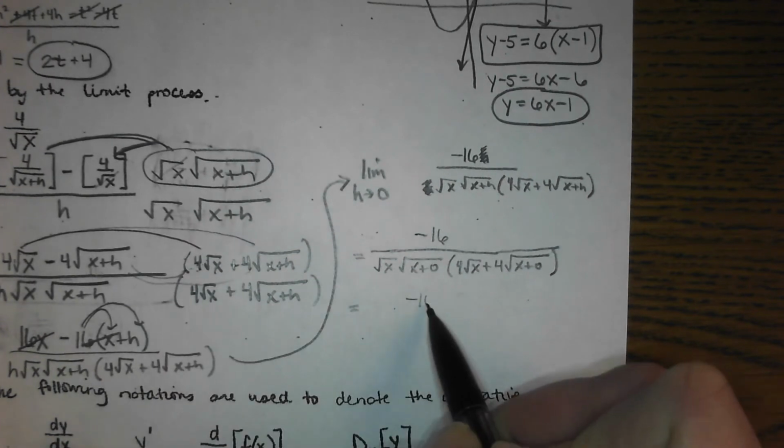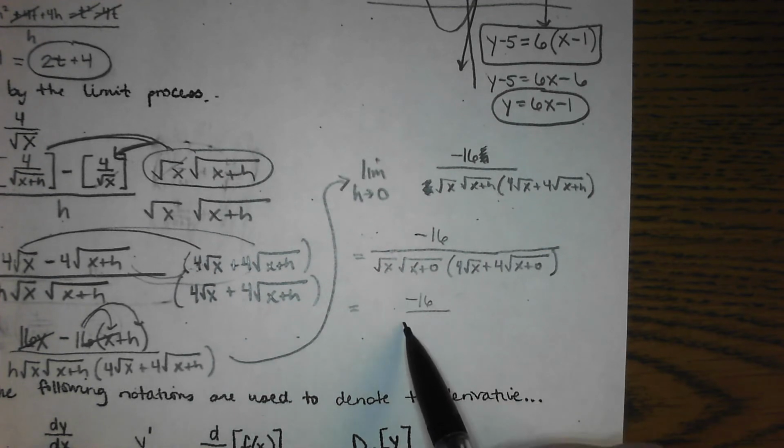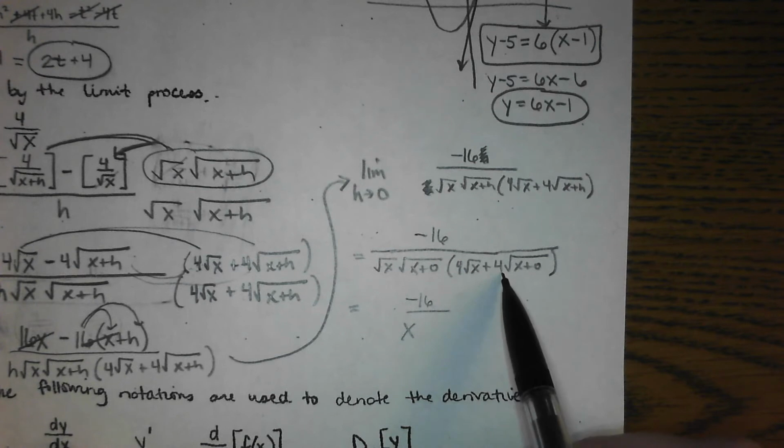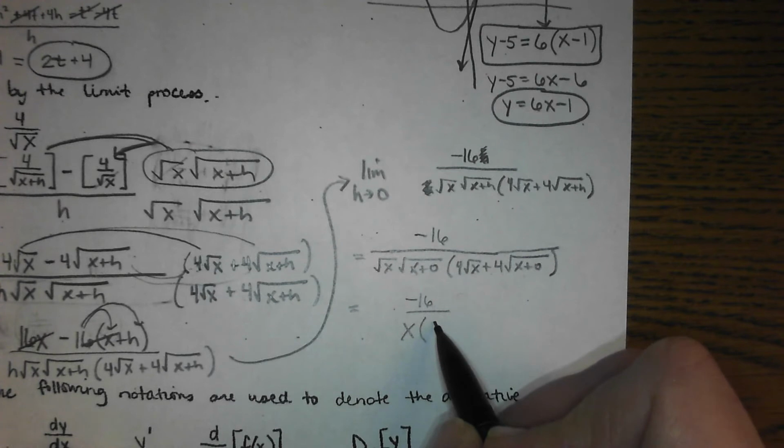So that's negative 16 over, what's root x times root x? X. And 4 root x plus 4 root x. What's 4 root x plus 4 root x? Joey. 8 root x.